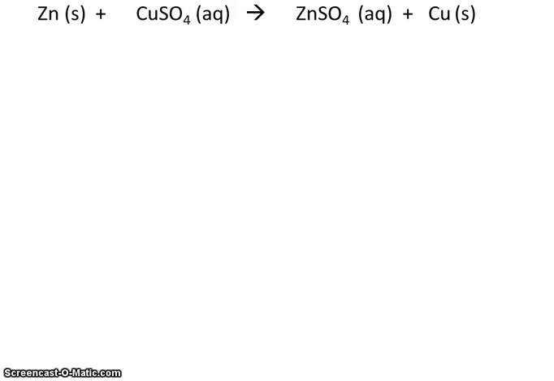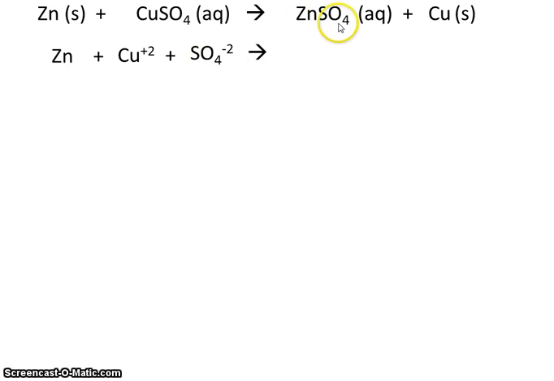So let's examine the reaction that we just saw. Remember, zinc is transferring electrons to copper. So zinc was a solid. Now zinc is going to be aqueous. And the copper at the beginning was aqueous, and then it becomes a solid. If you recall net ionic equations, the things that are aqueous can be split up into their ions.